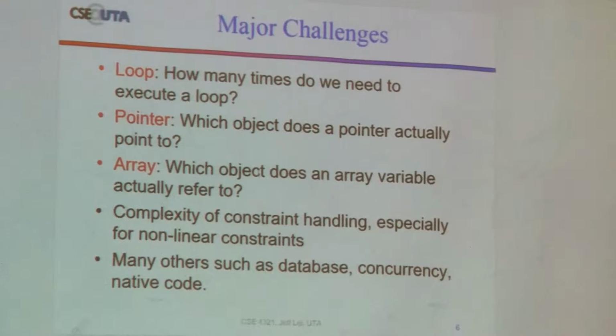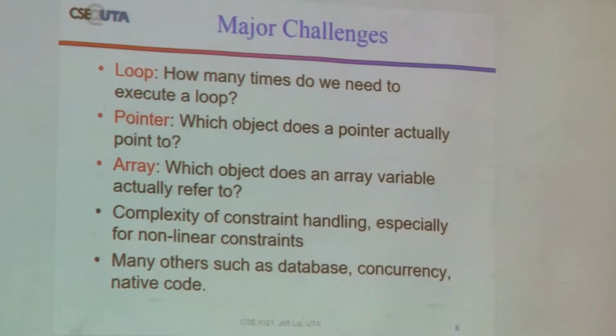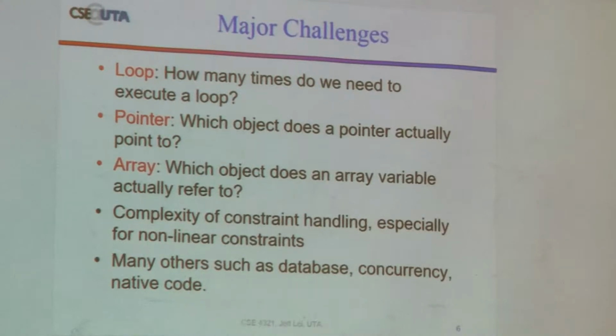Pointer, right? Everyone knows pointers, right? Because the problem is that when you have a pointer at compile time, you do not know which object the pointer goes to. And again, if you want to understand the semantics of the program, if you don't know which object the pointer points to, there's no way for you to figure out the relationship between some internal variables and external variables.